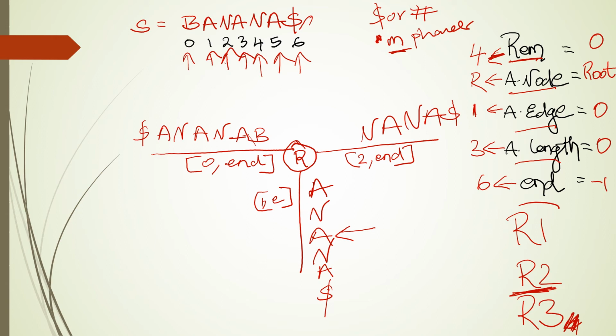It's not rule 3 now. What do we do? We say according to rule 2 add a leaf. So we add a leaf.